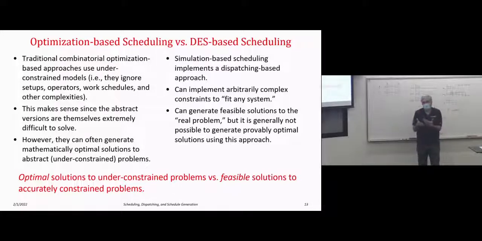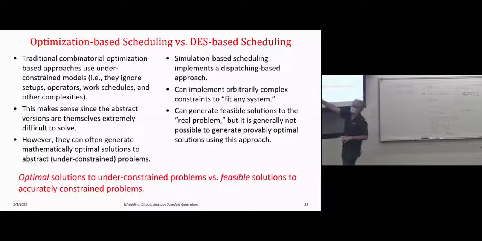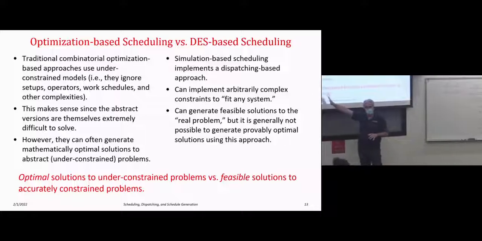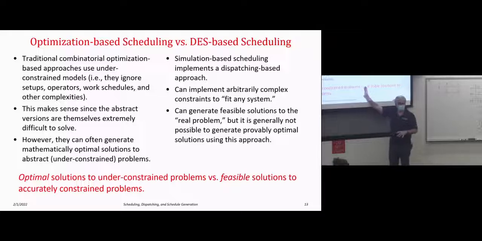I haven't considered setup times, for example. I have the optimal solution by ignoring it, or I can have feasible solutions to the actual problem. So the optimization-based approaches generally give me an optimal solution to an under-constrained problem, whereas the scheduling approaches give me a feasible solution to the actual problem.